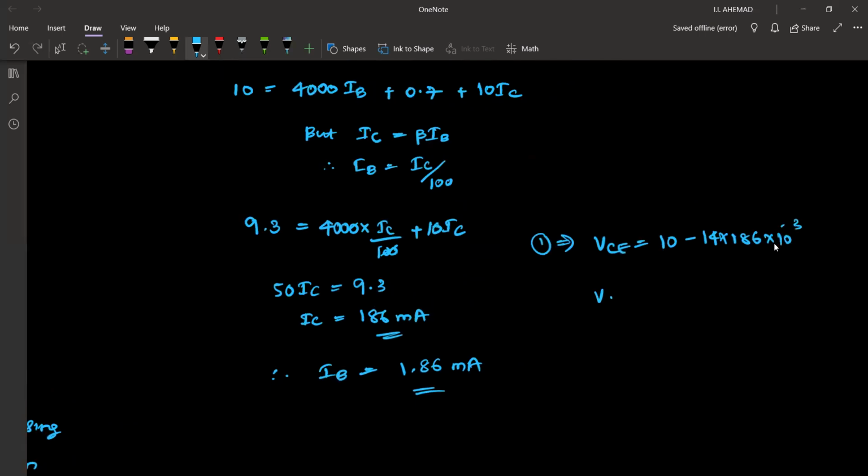If we simplify, we get VCE is equal to 10 minus 2.6. So VCE is equal to 7.4.